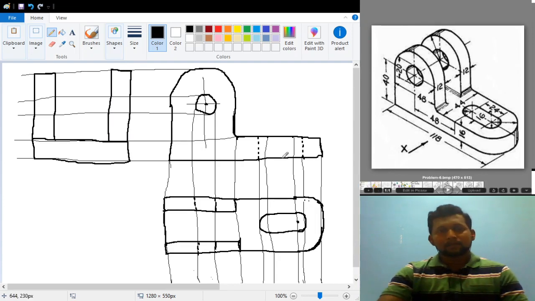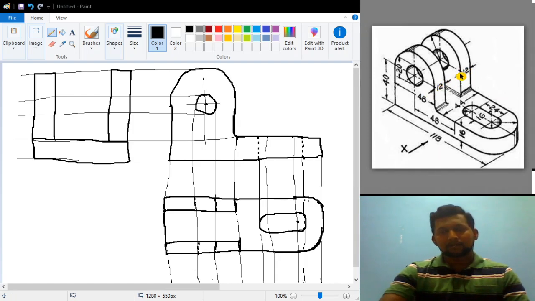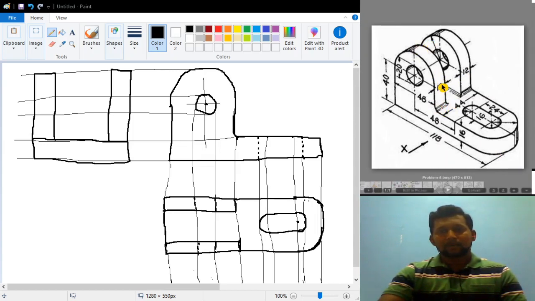Okay, so now these two rectangular blocks that you are seeing here are nothing but these two semicircular blocks. These two semicircular blocks won't appear like a semicircle in the side view. Okay, it appears like a rectangular block with a thickness of 12 mm at both sides, and with a height of 40 minus 16, which is 24. So this total height is 24 and this thickness is 12 mm.